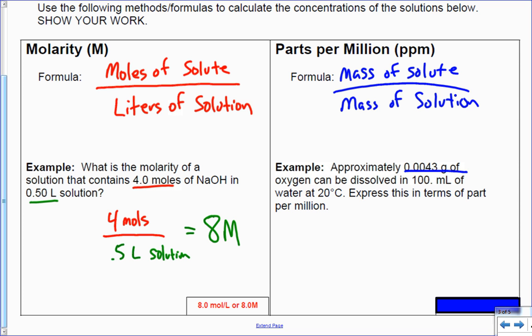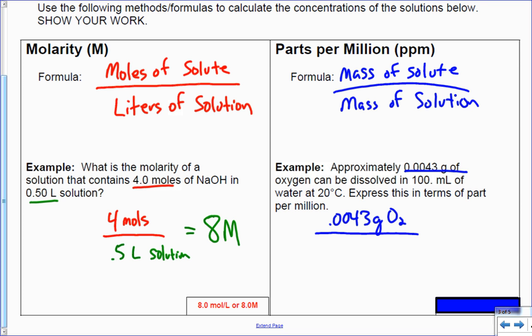I have 0.0043 grams of oxygen, and it says it can be dissolved in 100 milliliters of water. Express this in terms of parts per million. Well, milliliters is volume, not mass. Problem.